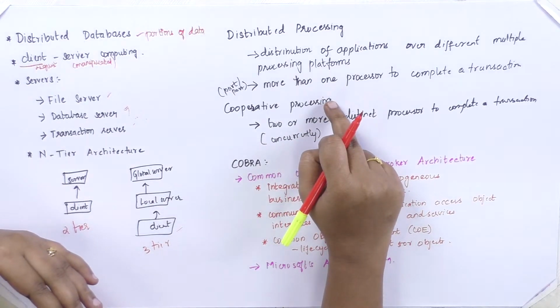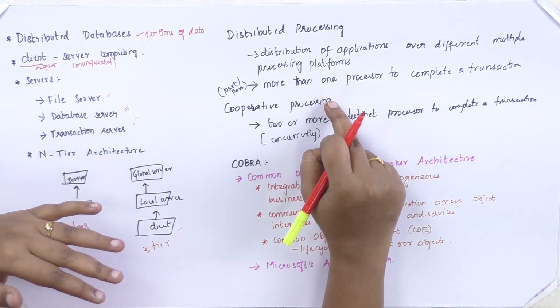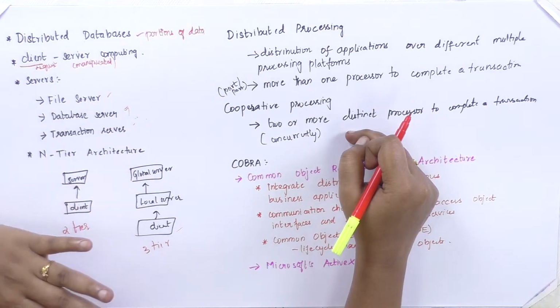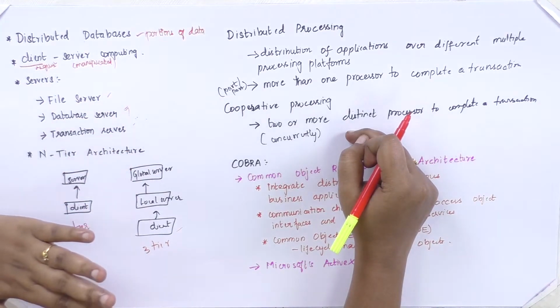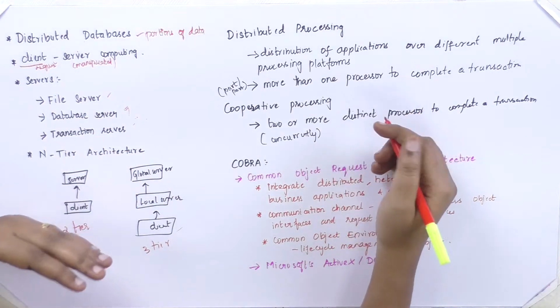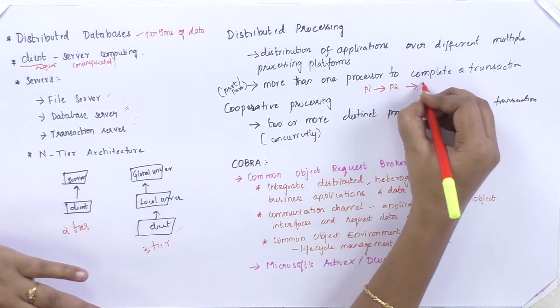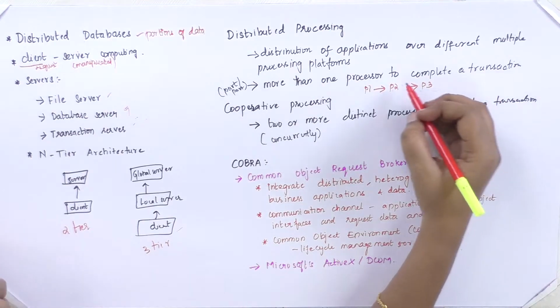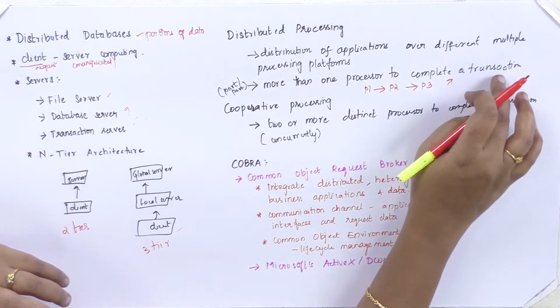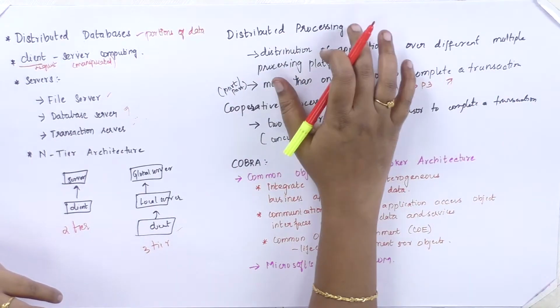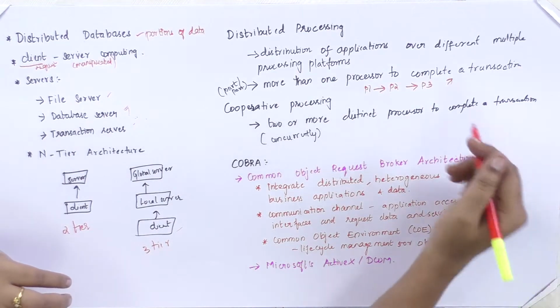The second part will be completed by processor 2 after processor 1 completes it. The third part will be completed by processor 3 after the second part is completed. So one by one, processor 1 completes, then processor 2, after that processor 3, and the whole process gets completed. If this type of working is taking place, that is called distributed processing.